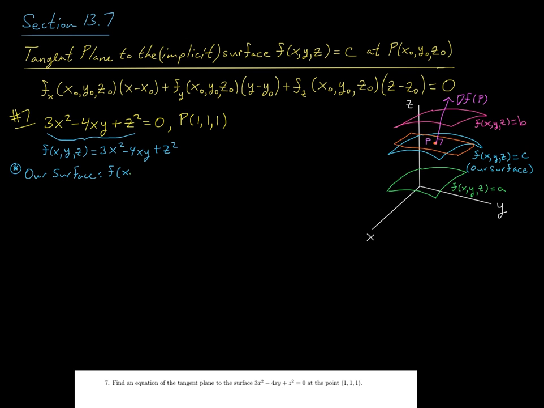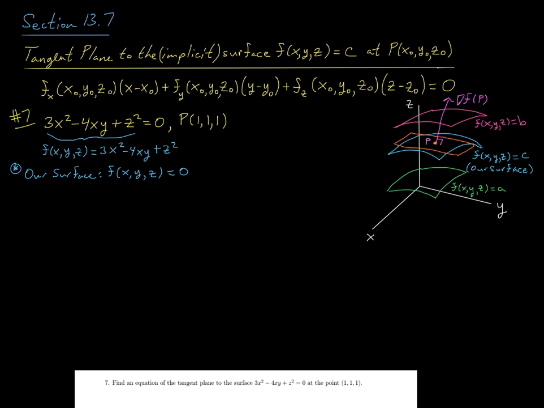It happens to be the level surface when I set this right-hand side equal to 0. If I set that right-hand side equal to other values, that's where all these other surfaces are going to come from. So ours is just one of many in this family of level surfaces.